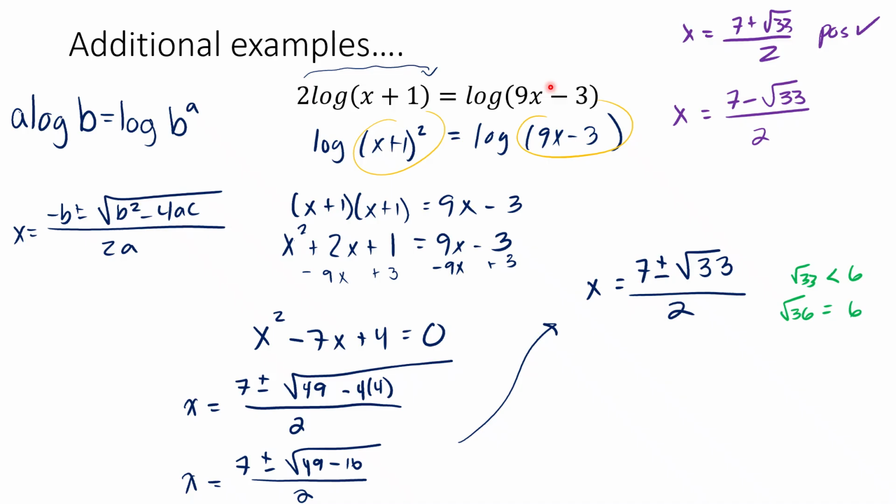So that is less than 1. Now it is possible that we could do a number less than 1 and still have it be big enough. And I'm inclined to think this is going to be fine because 9 times a half would be 4.5 and 4.5 minus 3 would still be positive, and this number is greater than 1/2. But we will double check it just to be sure.